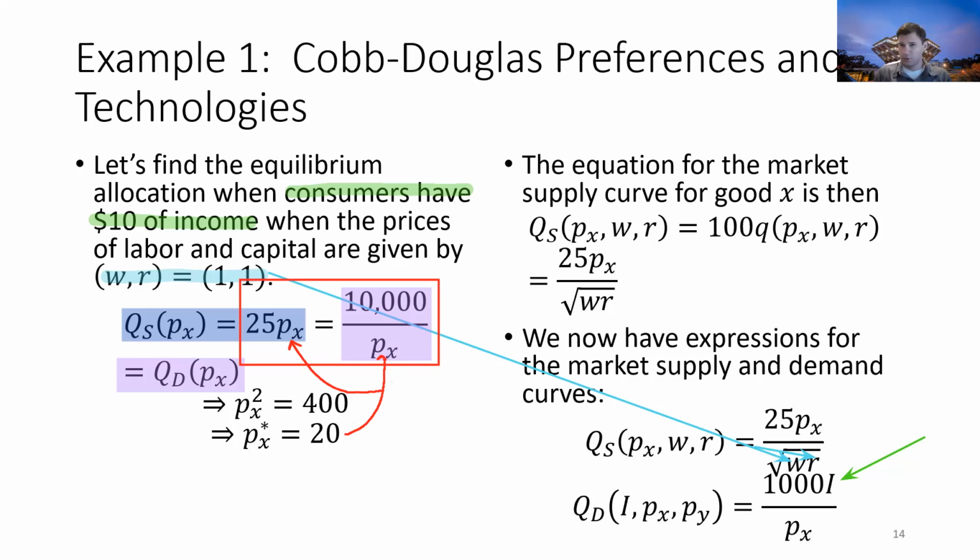Price is 20. What's Q star have to be? Yeah, very good. Got to be 500 units. I should maybe have an X subscript here since we're talking about the quantity in equilibrium for good X specifically.